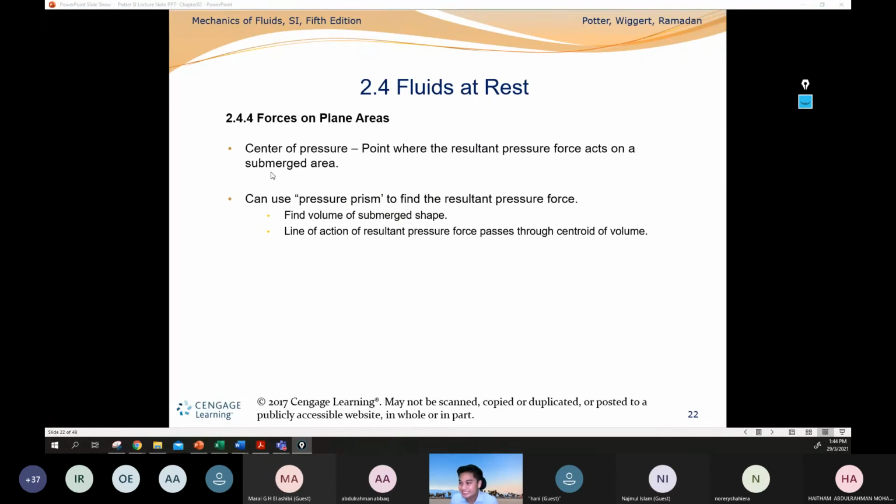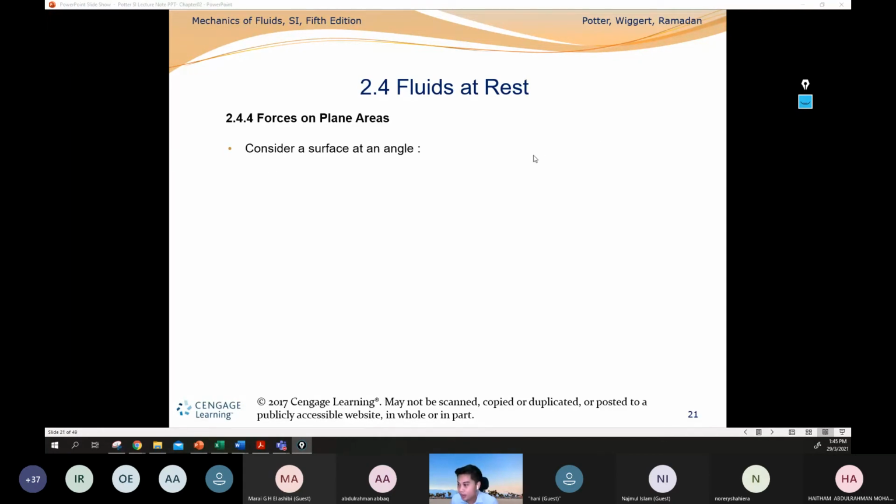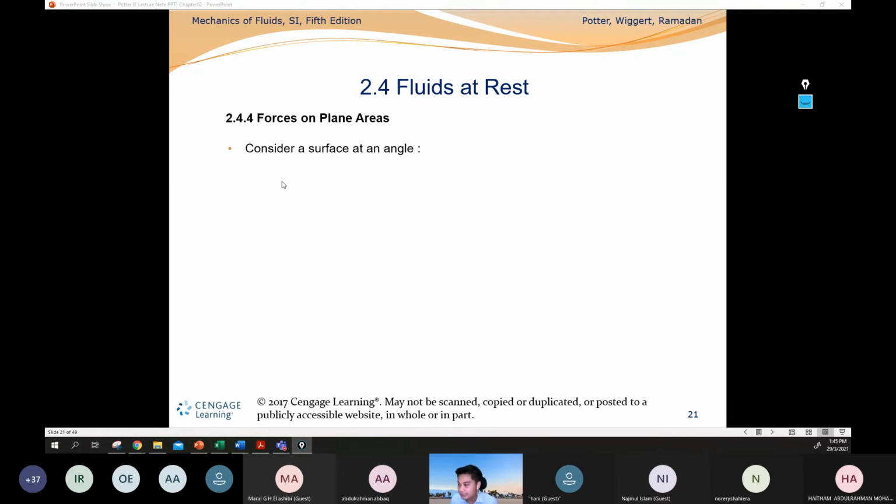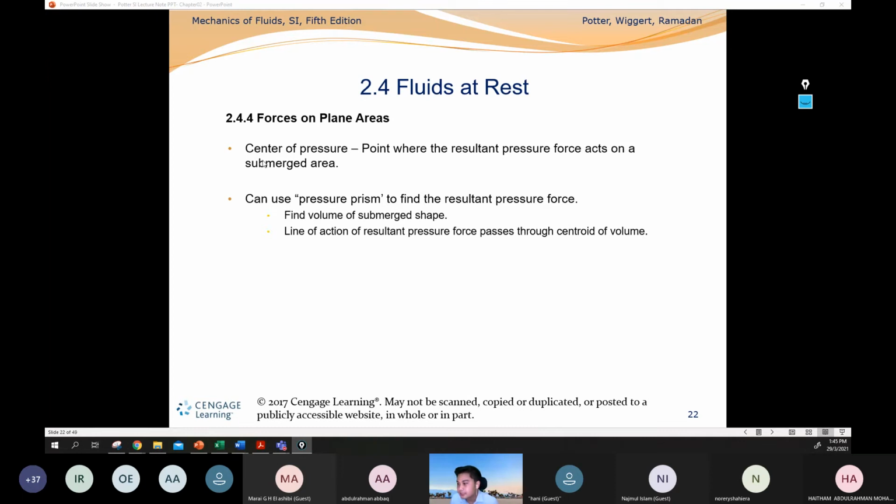Okay. So the center of pressure. Where is the center of pressure? Okay, this one. This is the P. The point P, the center of pressure. Consider a center of pressure point where the resultant pressure force acts on the submerged area. All right, so this is what I explained previously.